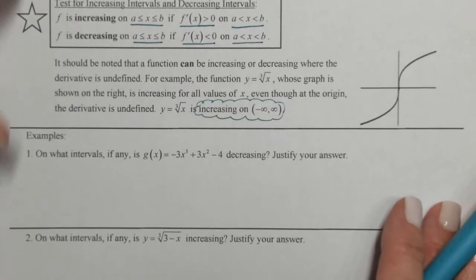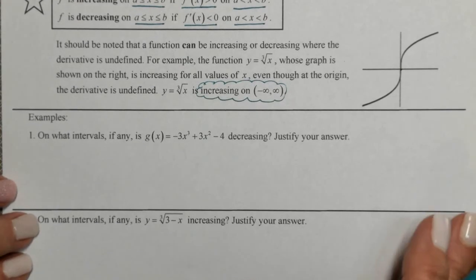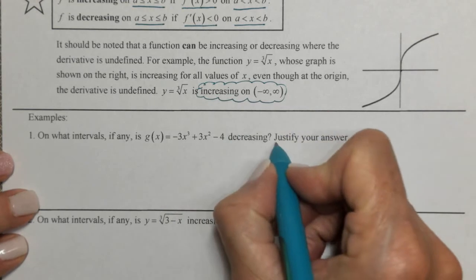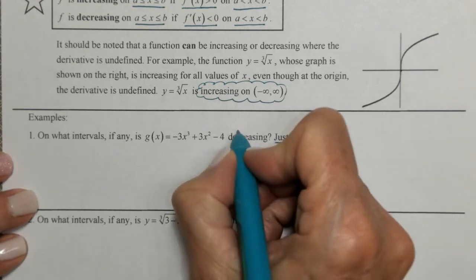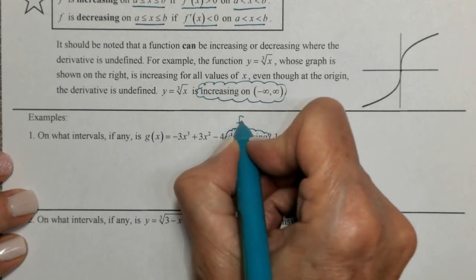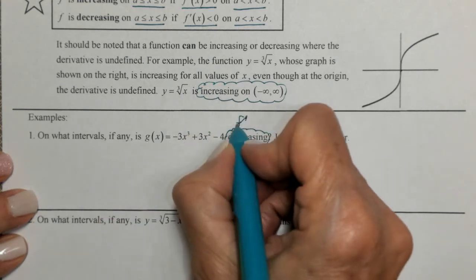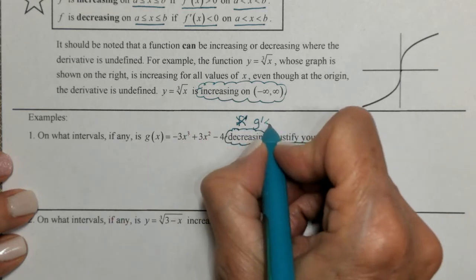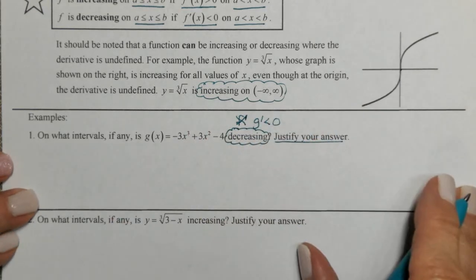All right, a couple of examples. On what intervals, if any, is this function decreasing? And we need to justify our answer. Decreasing will be when g prime, our function is g, is negative, less than 0.